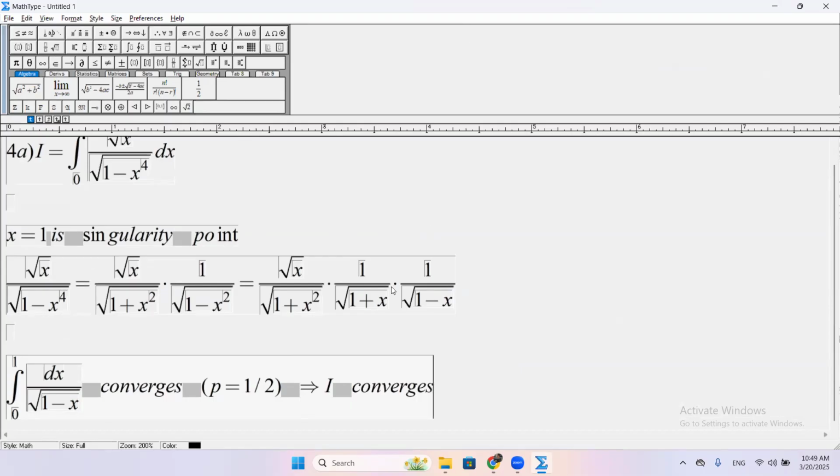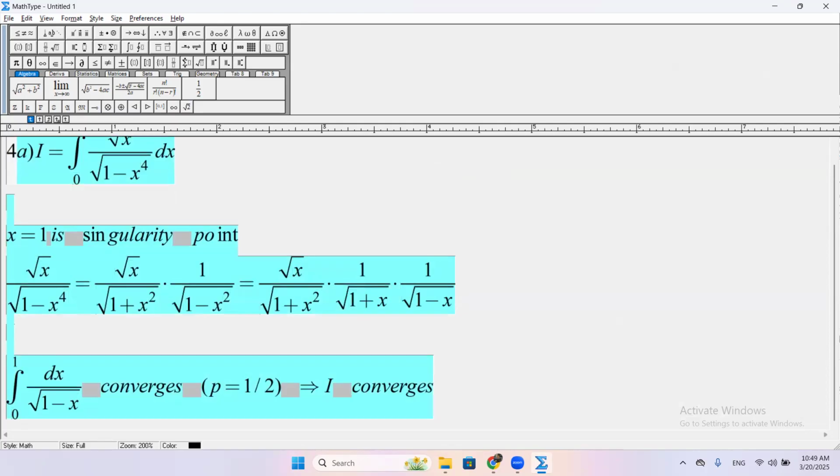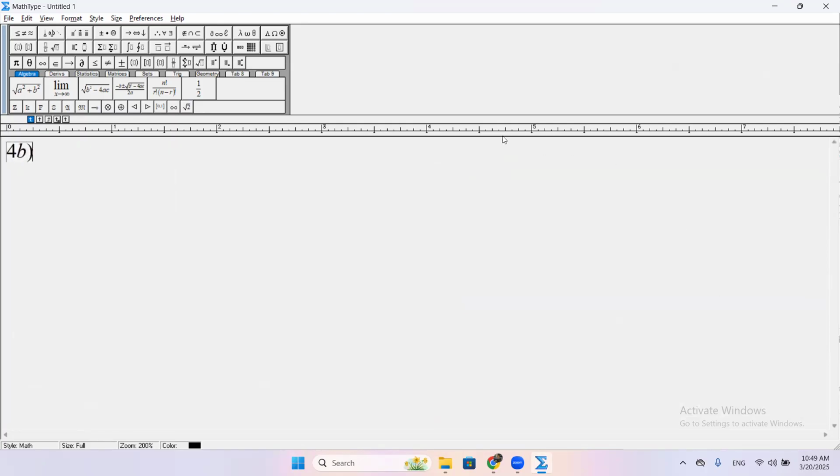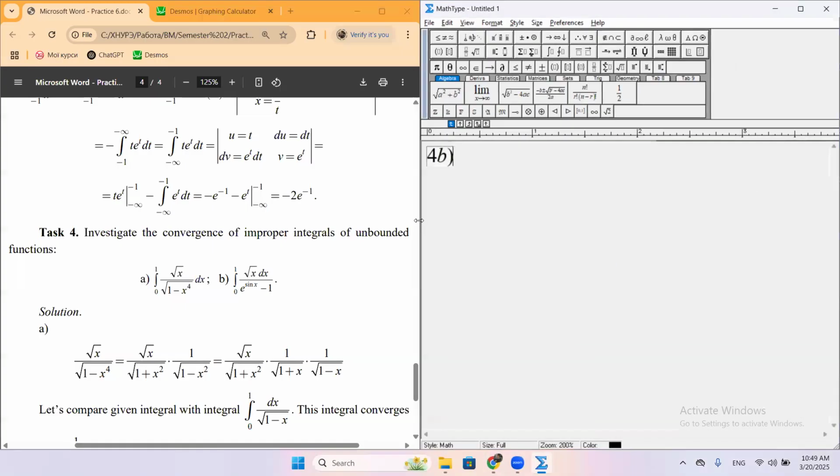So any questions about this exercise? By the way, for these functions, there are no singularity points, only for this multiplier. Okay, if no questions, let's solve one more exercise, the last for today.